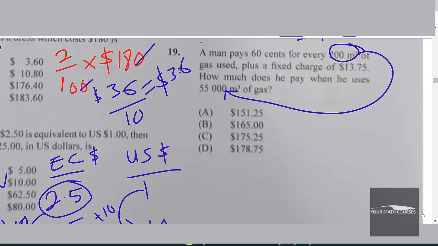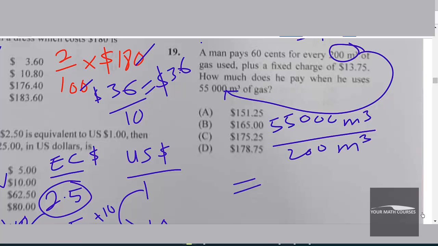So that will be 55,000 meter cube divided by 200 meter cube, and this will be equal to 275.